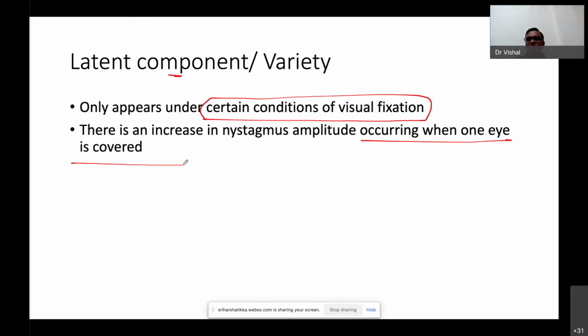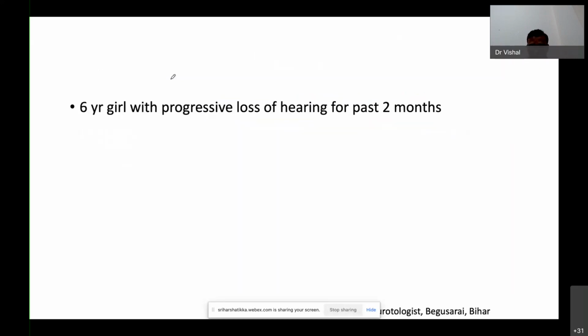Okay. So there is an increase in the nystagmus amplitude occurring when one eye is covered. When one eye is covered, the nystagmus becomes manifest. It is latent initially, but when we cover one eye, the nystagmus becomes apparent. That is another variety of infantile nystagmus syndrome or congenital nystagmus.